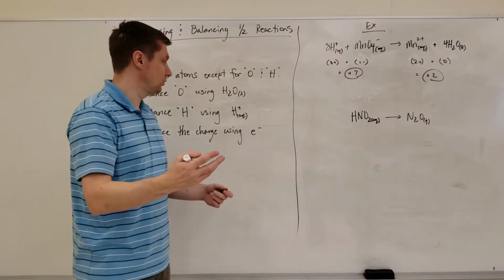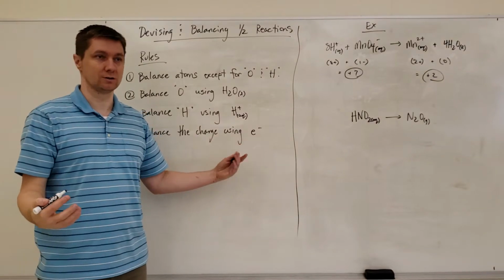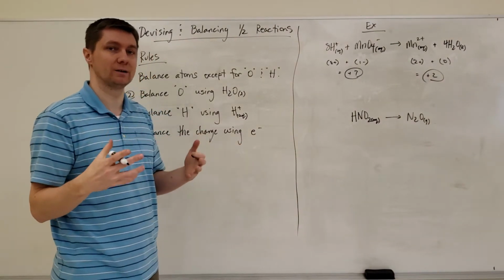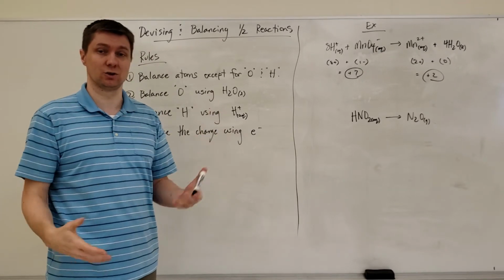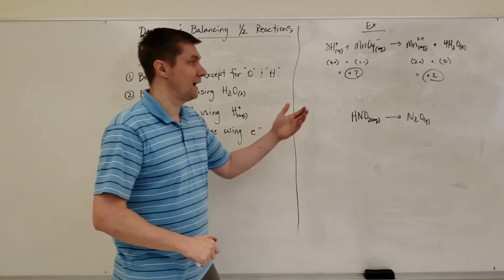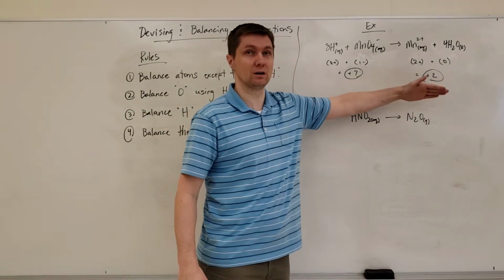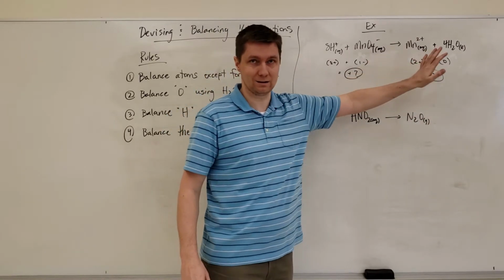So now to balance the charge out, I'm using negative charges. I'm using electrons. There is only one side that I can add electrons to that's going to balance this out. If I add it to the wrong side, then it's actually going to take the charges further away. So if I add, for example, negatives to this side, this positive 2 is going to become more negative, becoming further away from the +7. So I don't want to add it to this side.